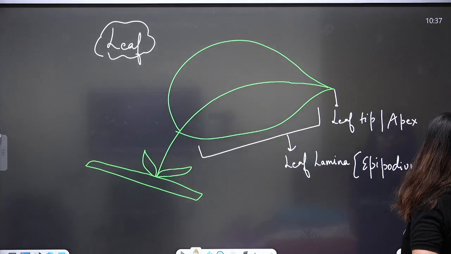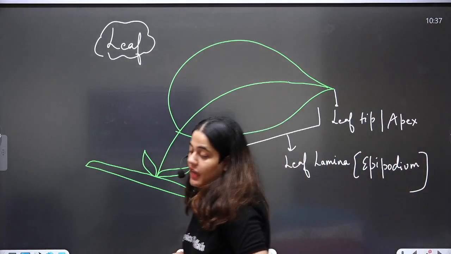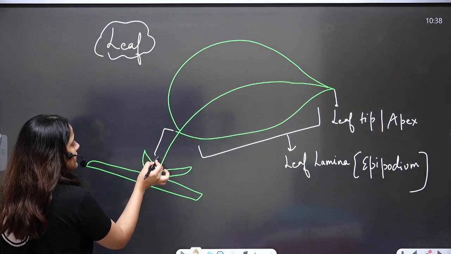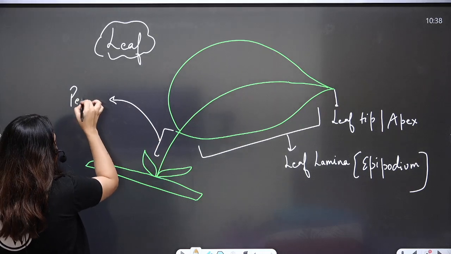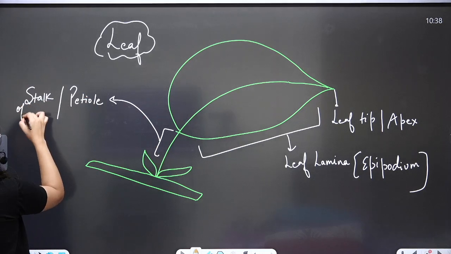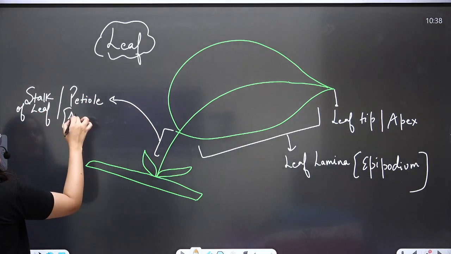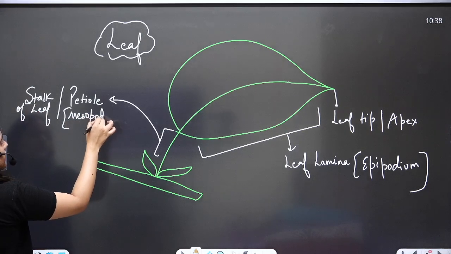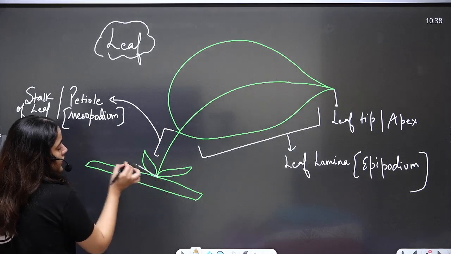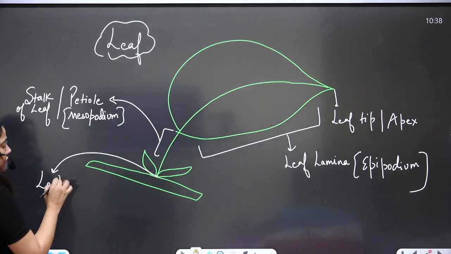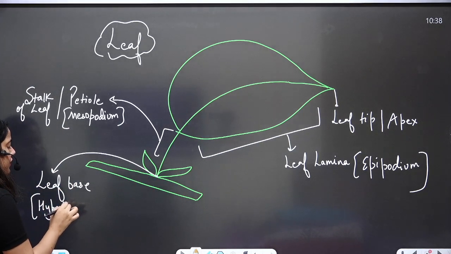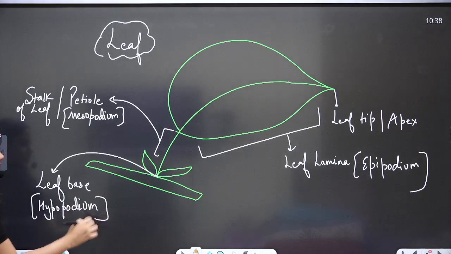Epi means above and podium means stage. This is petiole, the stalk of leaf, also known as mesopodium. Meso means middle, podium means stage. This is the leaf base, also known as hypopodium. Hypo means below, podium means stage.